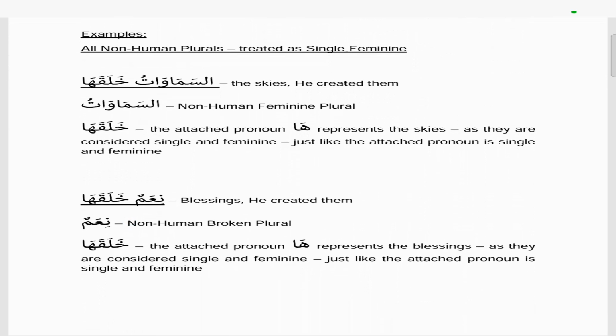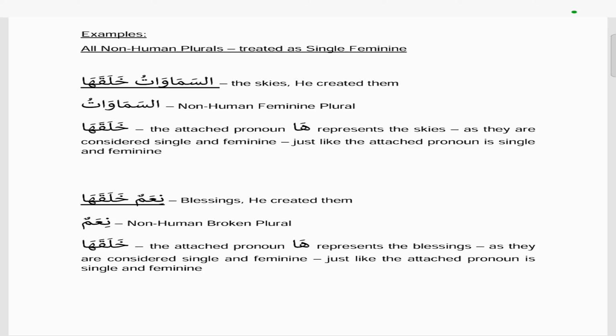So if we start with the first one, that all non-human plurals are treated as single feminine. This example is as-samawatu khalaqaha. It means the skies, he created them. So as-samawatu is a non-human feminine plural. It's non-human because we're talking about skies.